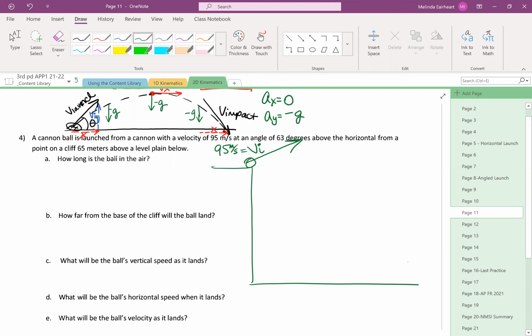Or do y'all remember the game tetherball? Tetherball is with a vertical pole. And so we'll do tetherball later with rotation, but most of your angled launches are going to be launched from a horizontal. And so this 63 degrees is going to be from that horizontal. Good?